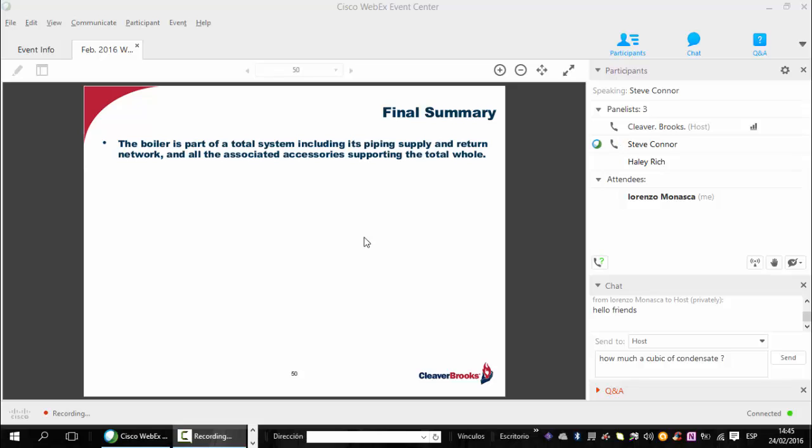In other words, it's not just the boiler. If the boiler is not properly piped, interconnected, to be able to efficiently deliver the steam to the users, trap out the condensate, and bring that back as hot as you possibly can, that's what makes a good, efficient, reliable system. So we have to look at it holistically.